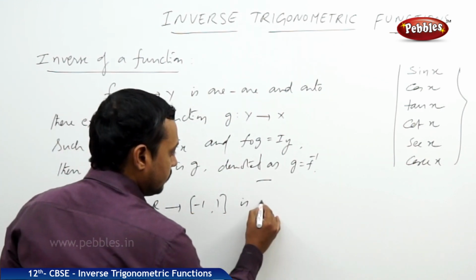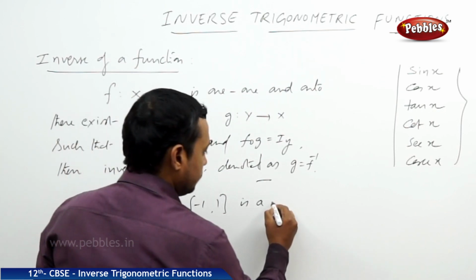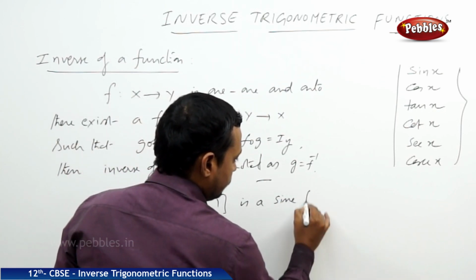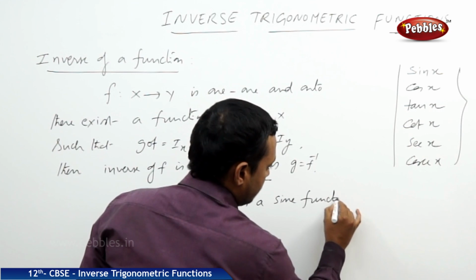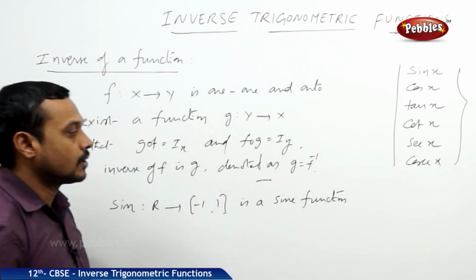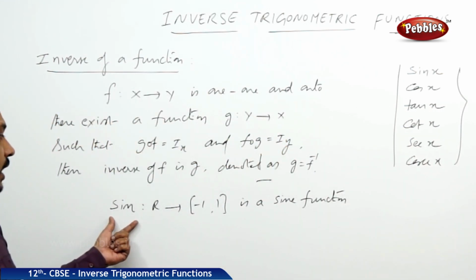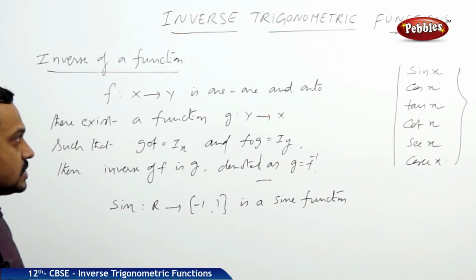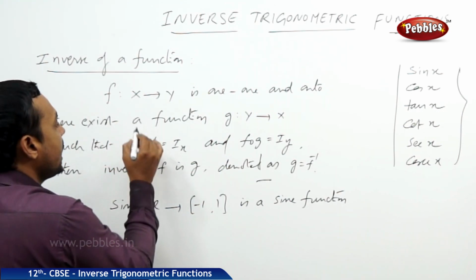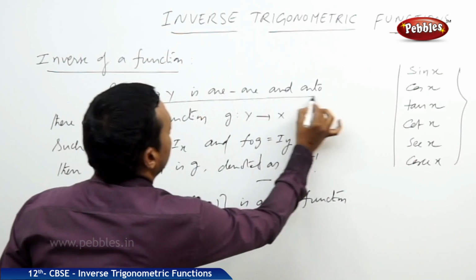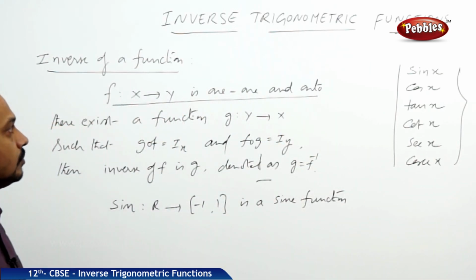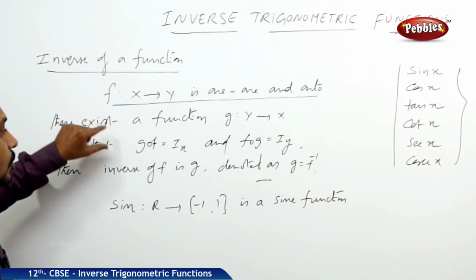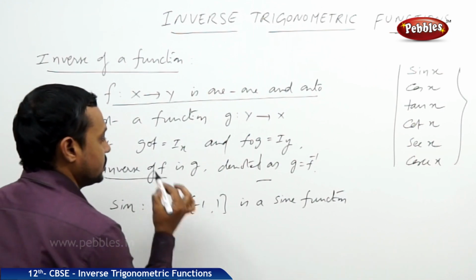It is a sine function. Now can we define inverse to this? See, a function has inverse when it is 1 1 and onto. If the function is bijective, then only we can define inverse to it.